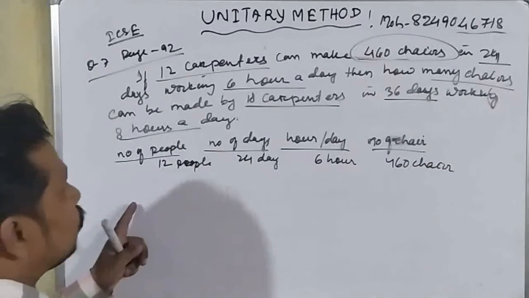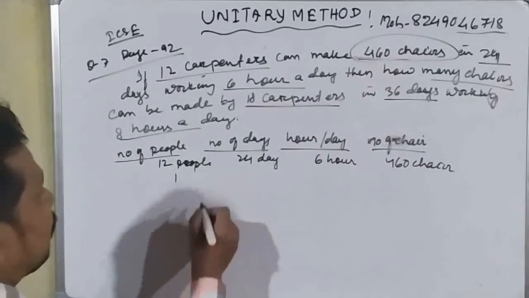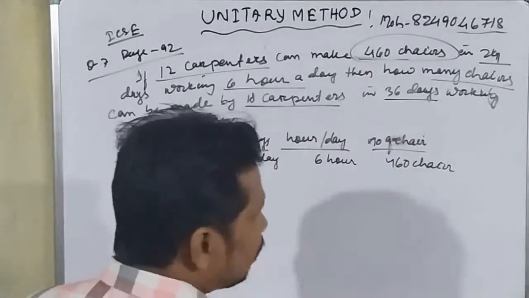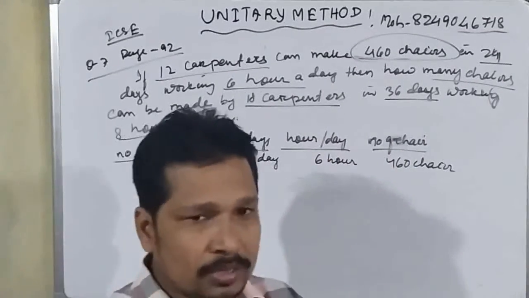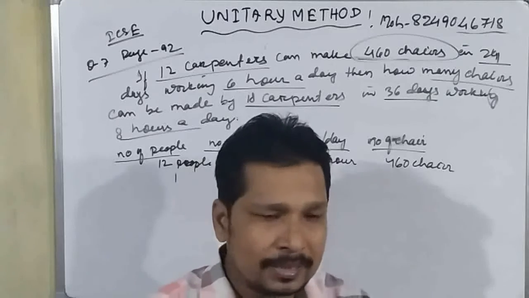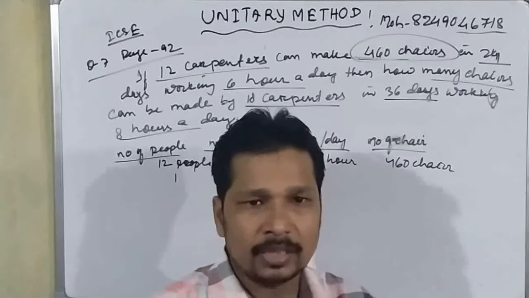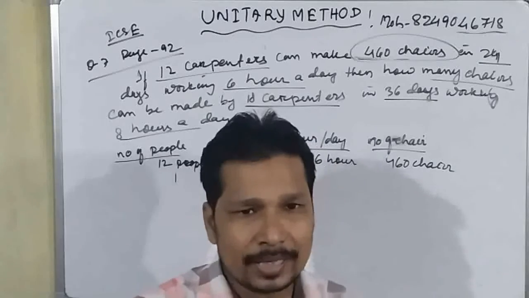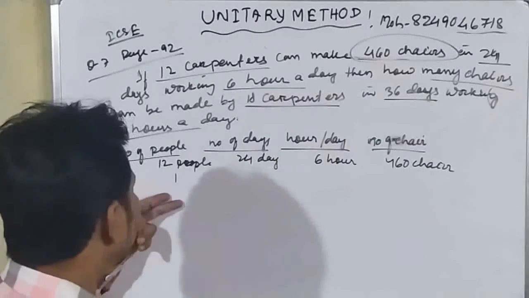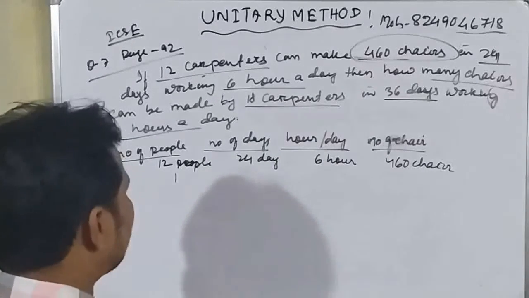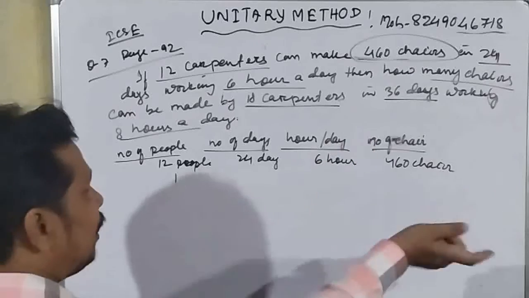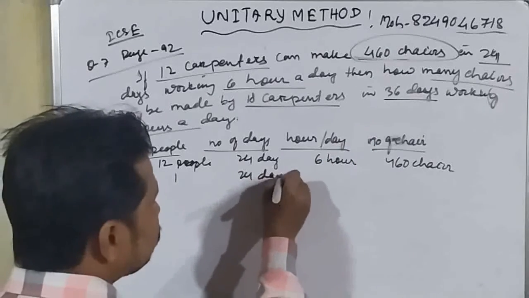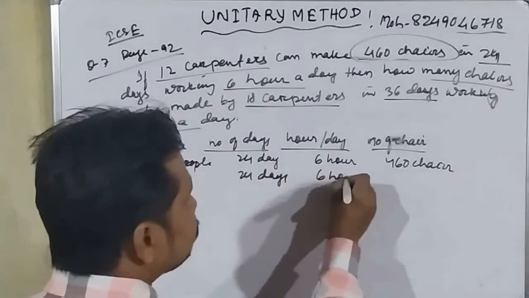Okay. So now we have to first find out 1 people. So we have to compare the number of people with number of chairs. So one thing is that if we assign more people, then definitely they will complete more chairs. So more people, more chairs, less people, less chairs. So here we have assigned fewer people. So less people, less chairs. So 12 people, 24 days, 6 hours.